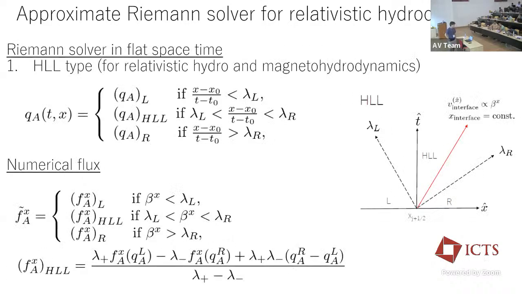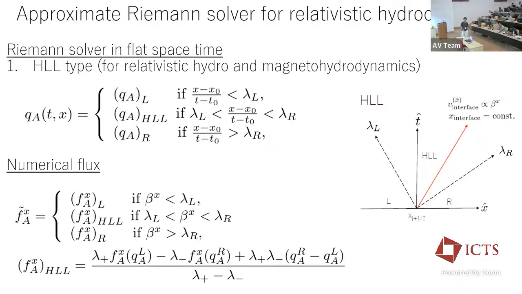For relativistic hydrodynamics or relativistic magnetohydrodynamics, the simplest and most robust, but a little less accurate, scheme is the HLL type scheme. I think I have already introduced this scheme in the non-relativistic case, and the concept is exactly the same.